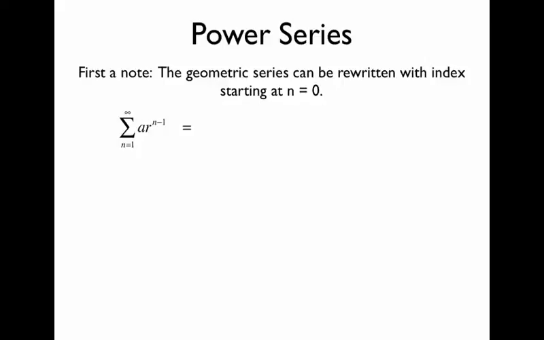No. Okay, Brock, when you see this, what do you think? The sum of AR to n minus 1 starting with n equals 1. Which is what? What is that? The sequence. It's not a sequence. When you see that, you think what?